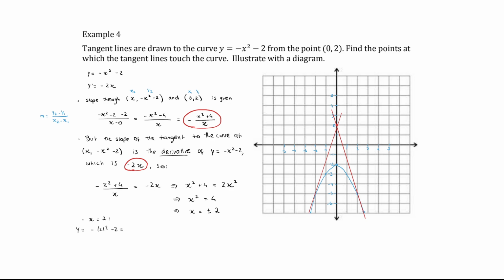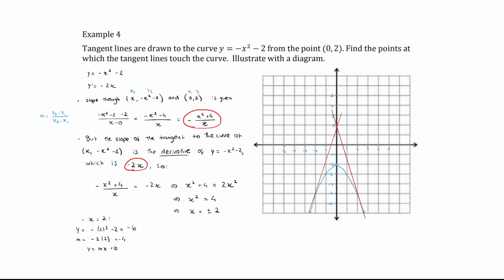And then we are going to have slope m is equal to negative 2 times 2, because our slope is given by negative 2 times x. If x is equal to 2, then slope is equal to negative 2 times 2, which is equal to negative 4.